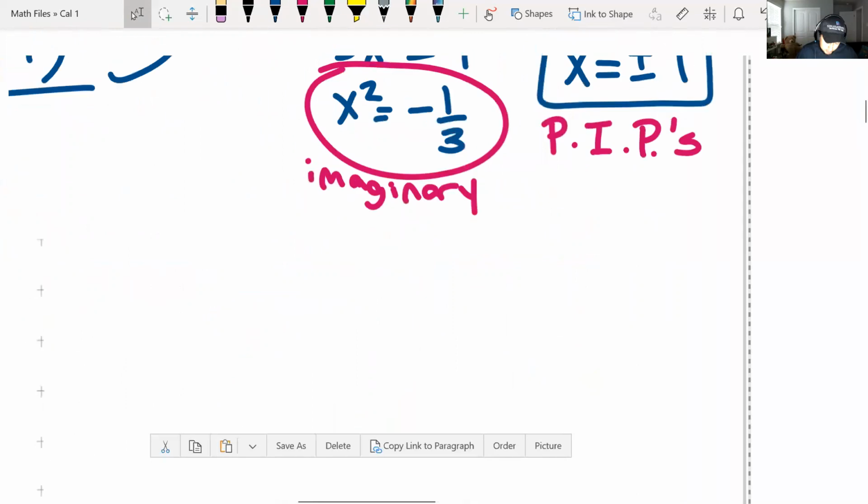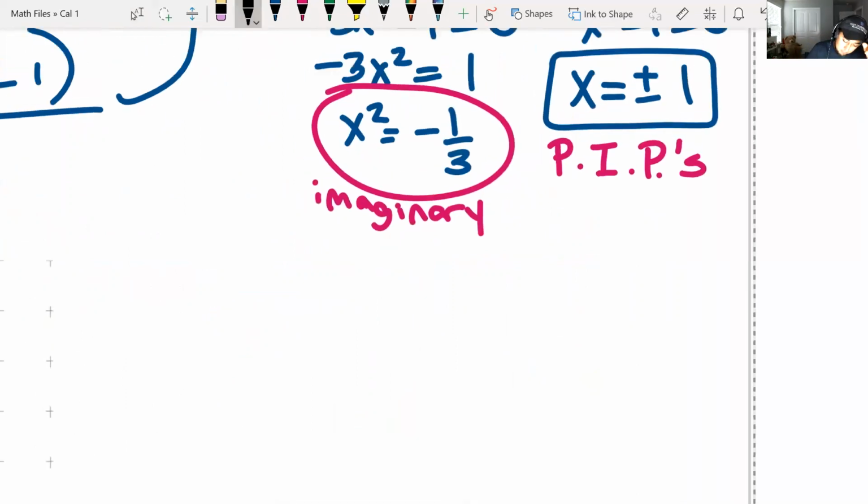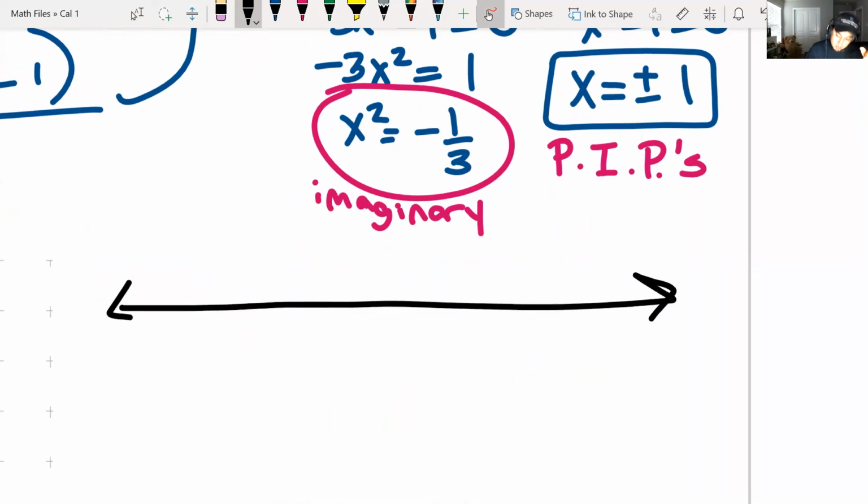So right here, sign chart time. Plot my possible inflection points, -1 and 1.